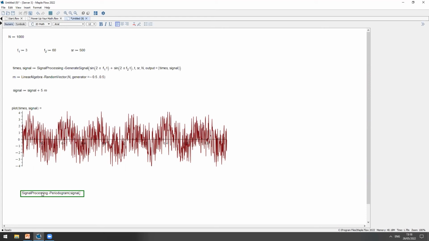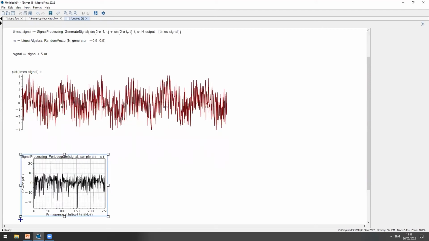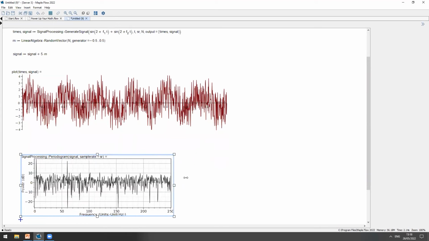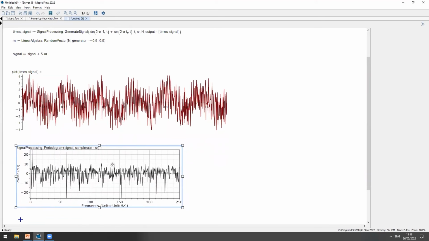For the frequency scale on the periodogram, we need to specify the sample rate. And there we go. Let's increase the size of this, move it into position.